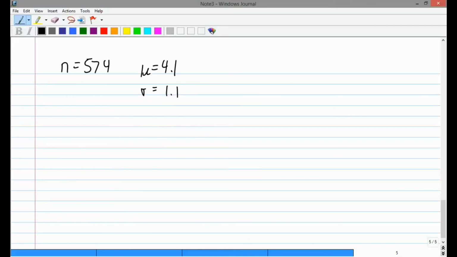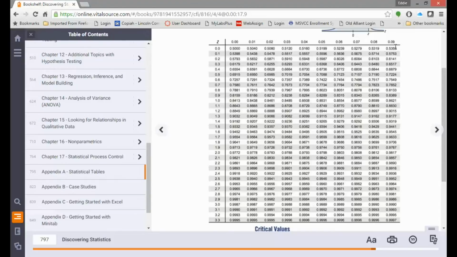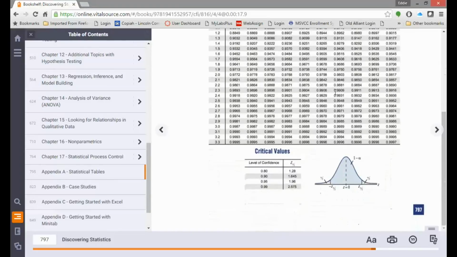And we want to construct a 95% confidence interval, so we'll need to get the critical value. Remember, there's a couple of ways to get the critical number. You can use the table, of course. That's the best way. There's this little mini table on this table, and it says for 95% confidence level, we have a critical value of 1.96.